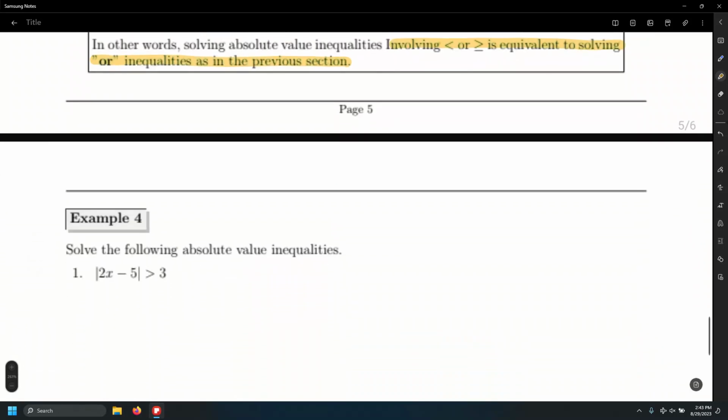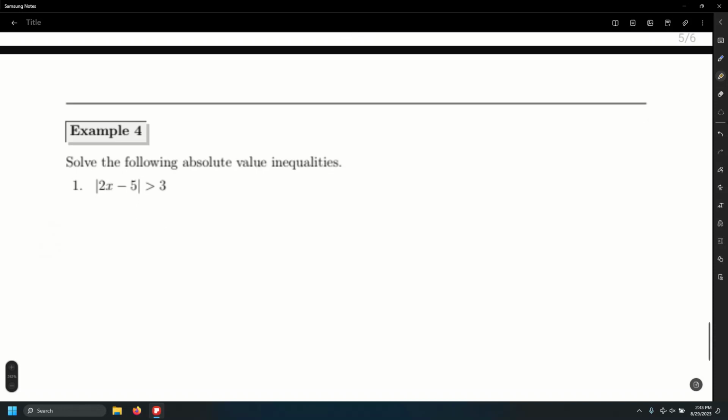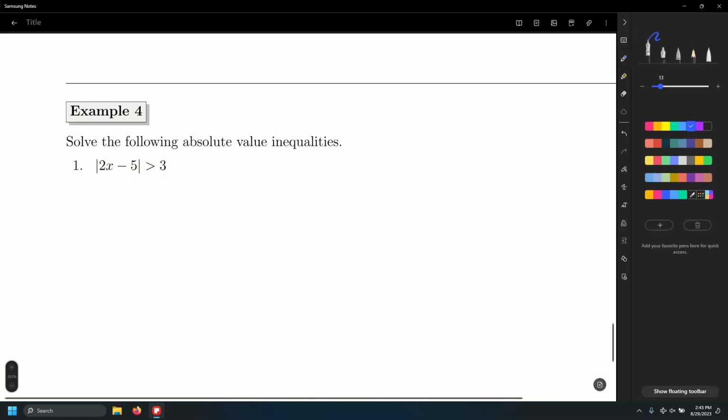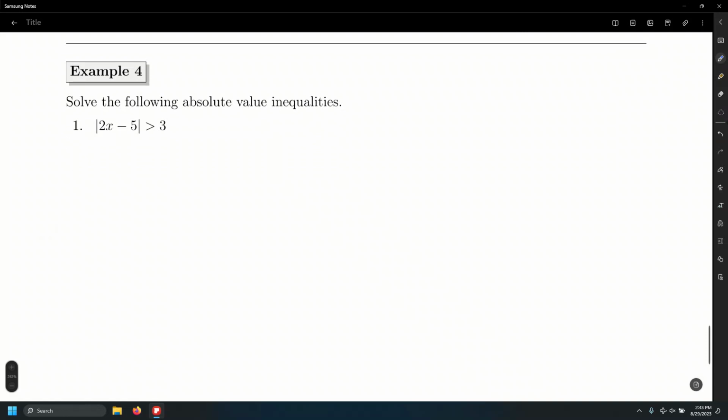All right, let's see. Solve the following absolute value inequalities. Number 1. In this case, we already have the absolute value expression by itself, isolated. We can go ahead towards the right and write 2x minus 5 greater than 3. So we just get rid of the absolute value bars and write it on the one side.